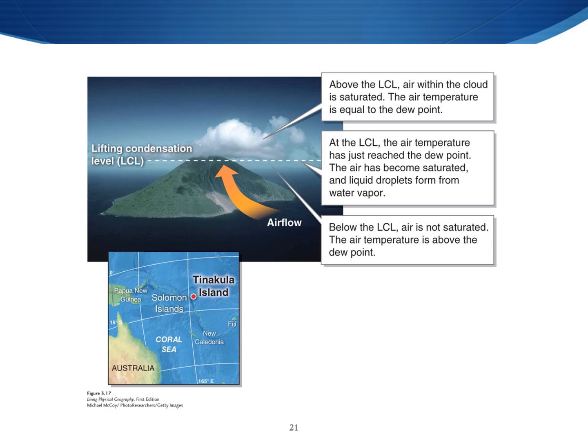As it rises, if we were calculating this, we would use the dry adiabatic lapse rate because it's not saturated yet. Once it gets to the lifting condensation level, boom, it has all the water vapor it can hold. It's going to start condensing. And from that point forward, as we go up in the atmosphere, we are going to use the moist adiabatic lapse rate.